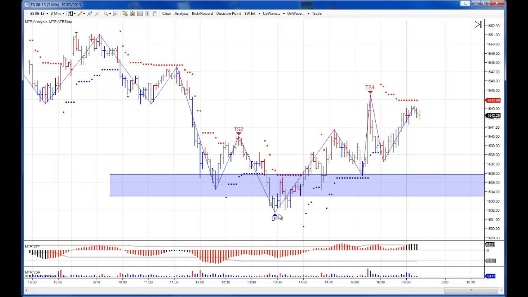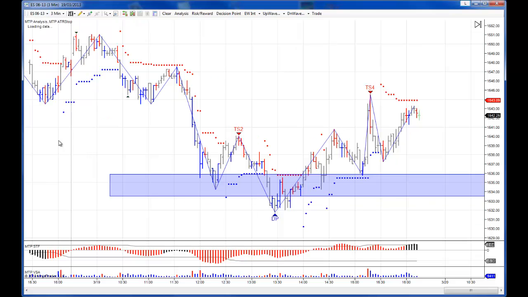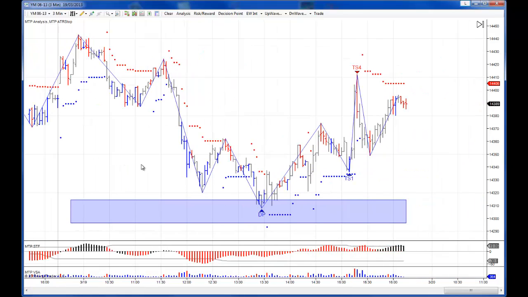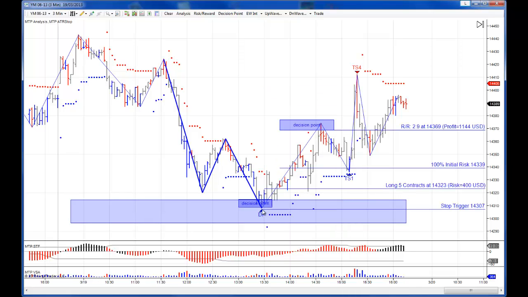That's why I was suggesting trade the YM off this low and not the ES. So if we go back to the YM, remember there's our 15-minute support. The more advanced traders among you would have been considering a buy setup off the low, which actually caught the very low of the day there.